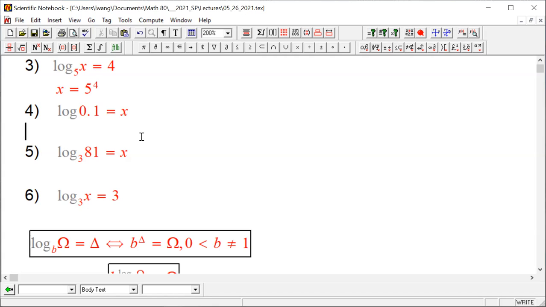So number 4, what is the answer? What is the answer for number 5? And what is the answer for number 6? Your turn.